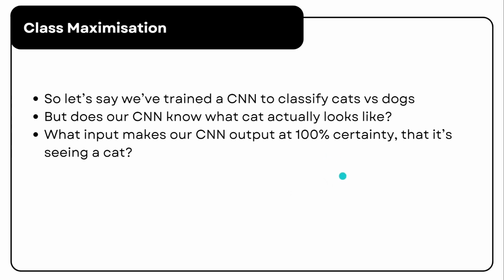To dive into this, we will be using a pre-trained CNN model, the VGG model. This one is a classic CNN architecture. Don't worry if you're not familiar with it yet. We will cover it soon. For now, let's focus on understanding how class maximization helps us peek into what the network has really learned.